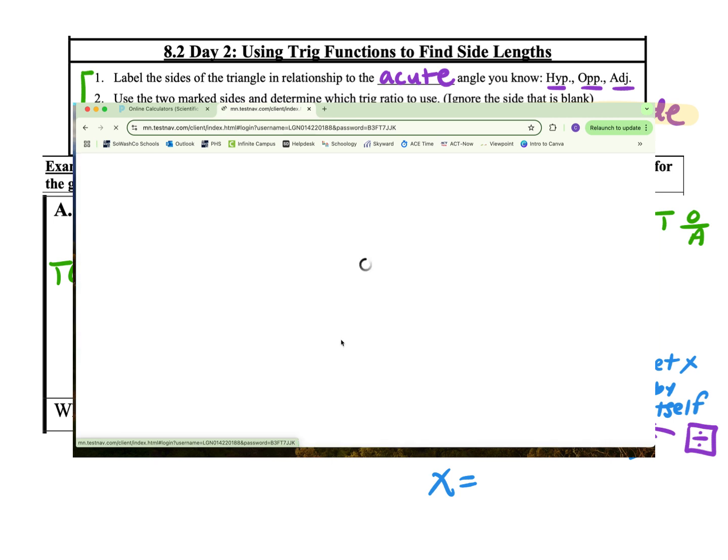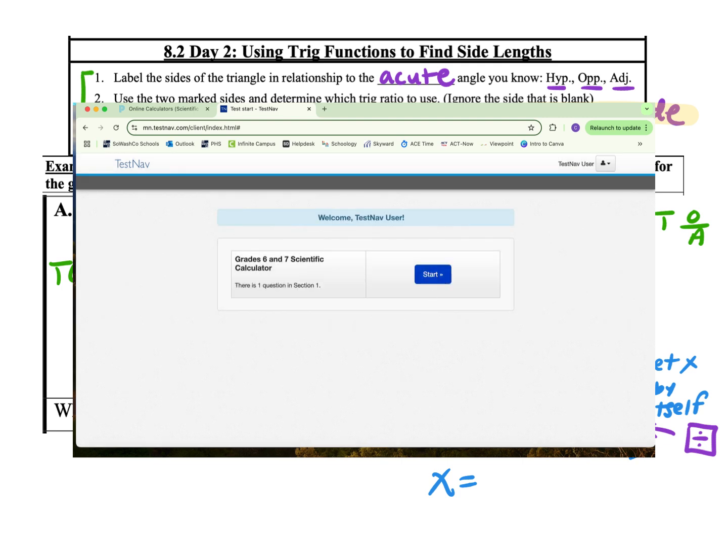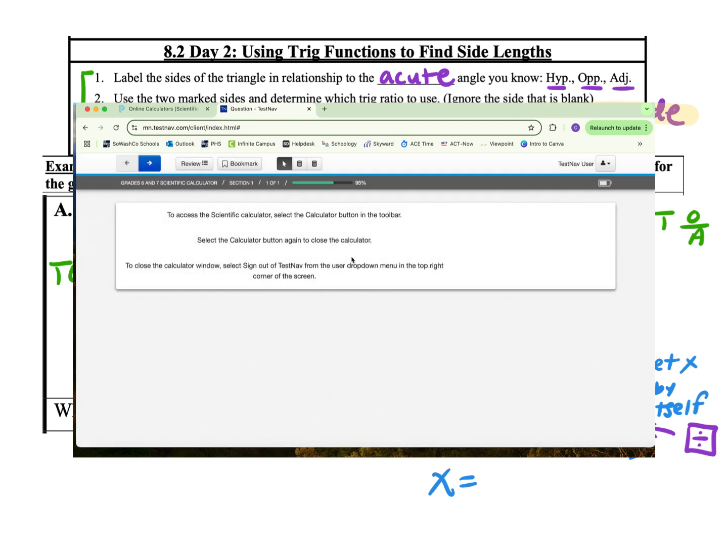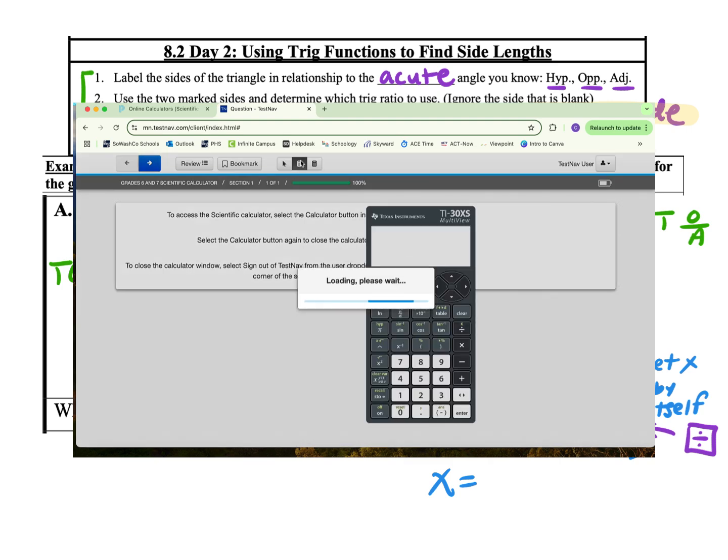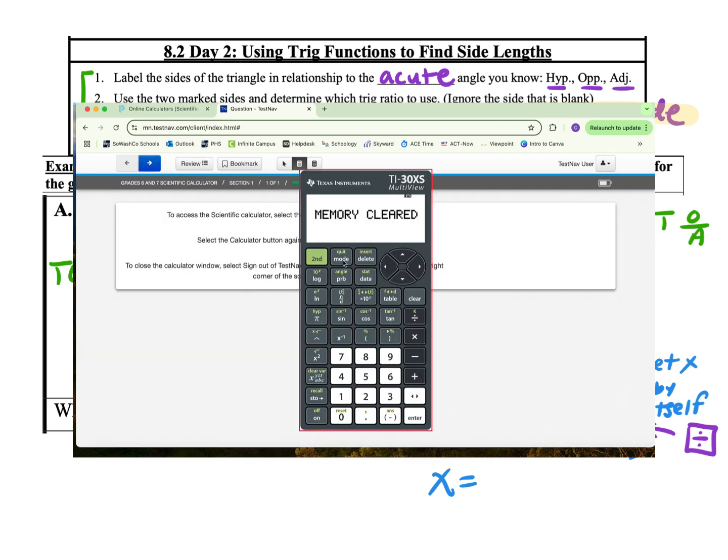Let's start with scientific. You need to click this blue start box twice, and then you're going to click the TI-30 scientific calculator. And the button right next to the second button at the top says mode. Our calculator needs to be in degree mode, and it defaults to RAD, which is short for radian. We're not going to use radians in this class. That's for higher level mathematics.